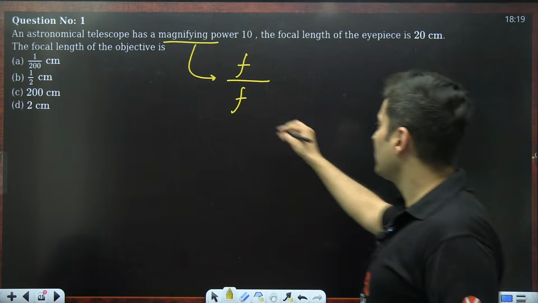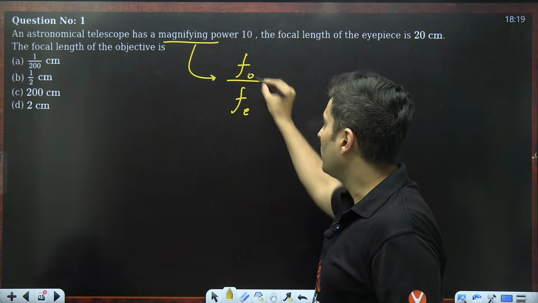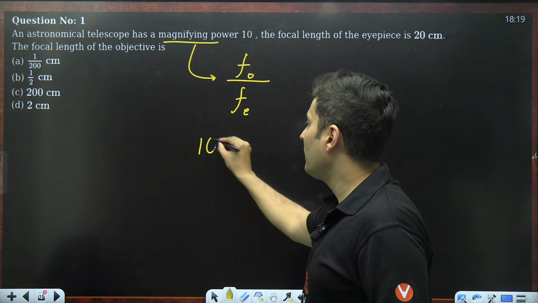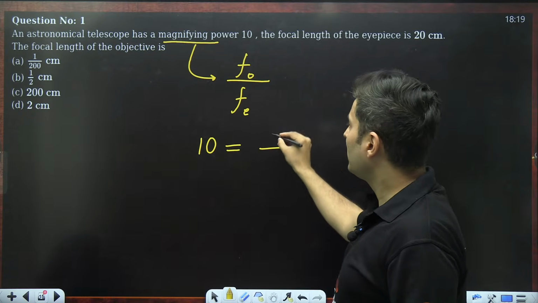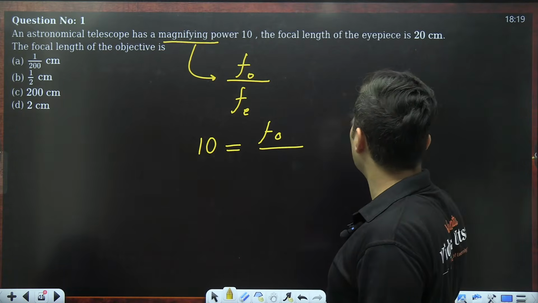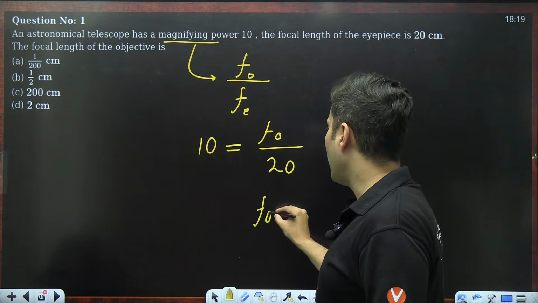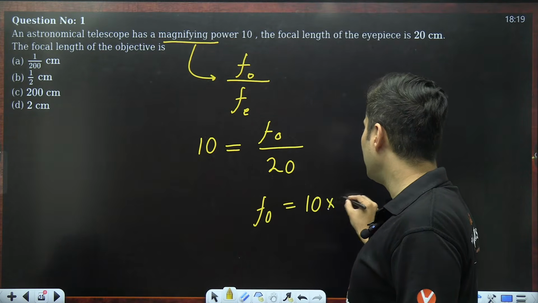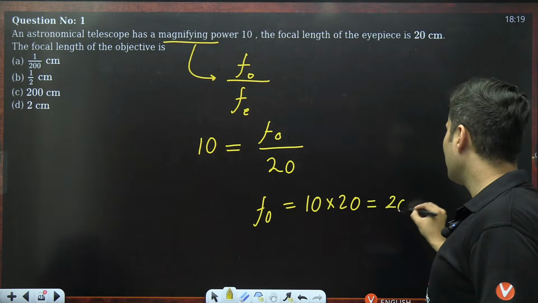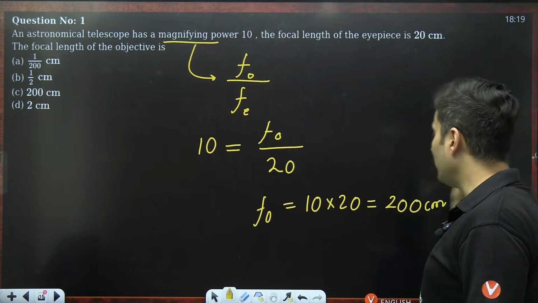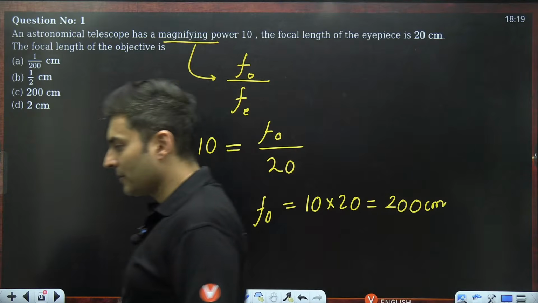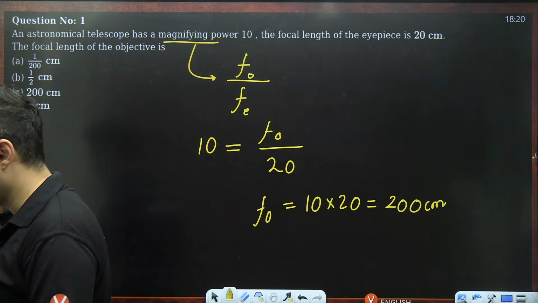The magnifying power is given to be 10, and the focal length of the objective is asked. The focal length of the eyepiece is given to be 20. So FO will be 10 multiplied by 20, which is nothing but 200 centimeters. So that is the answer. Yes, FO by FE. Correct.